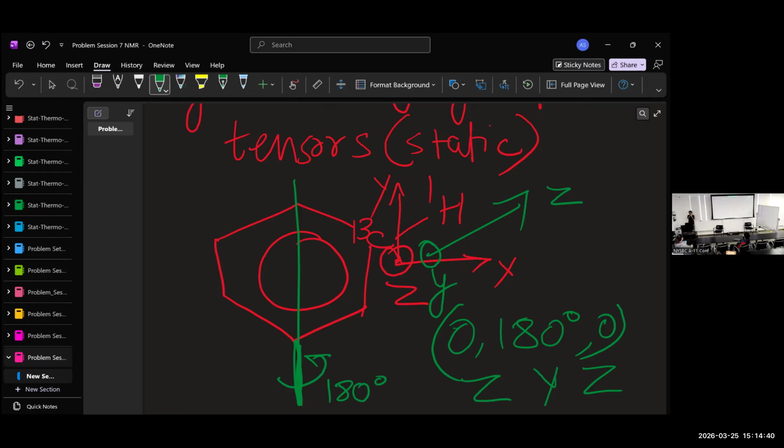This is what's happening to the molecule, for example. But effectively, what rotation is it? If I define this as the Y, it's this, right? With another rotation of 180 around C, for example, which can be alpha equals 180 or gamma equals 180. Does this make sense?